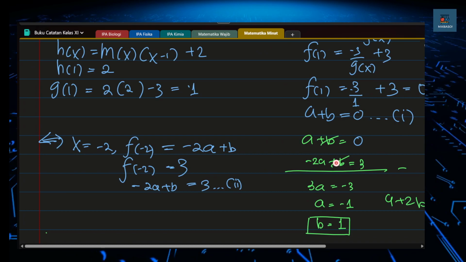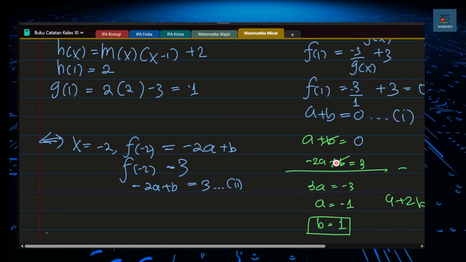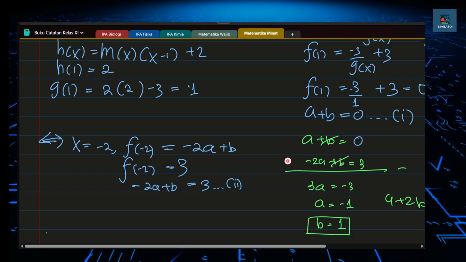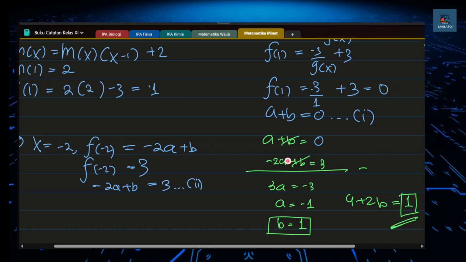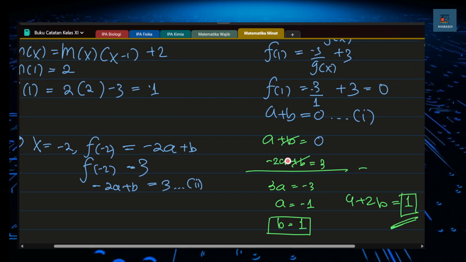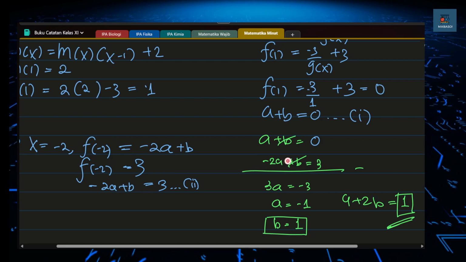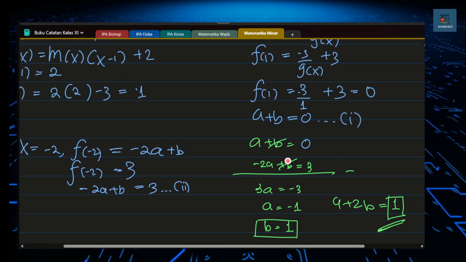You have to pay attention to the detail. I think that's the hardest part of the question. But other than that, concept-wise, it's not that hard. It just takes a little bit of time and patience, and paying attention to the details to get to the answer.